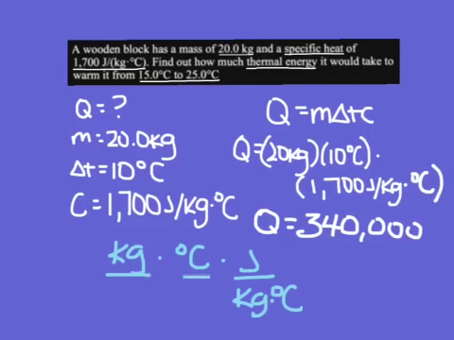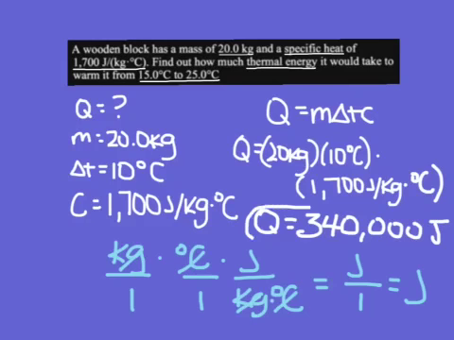Now we're going to put these over 1, and we're just going to cross out. So these two cross out, these two cross out, and what we have left is joules over 1, which is basically joules. So that means our unit is joules. So that is our answer, and that's how you solve thermal energy.